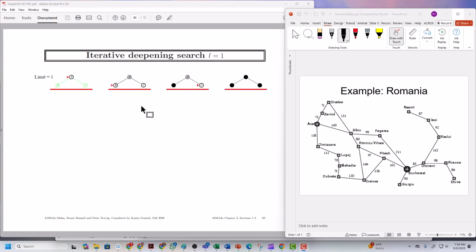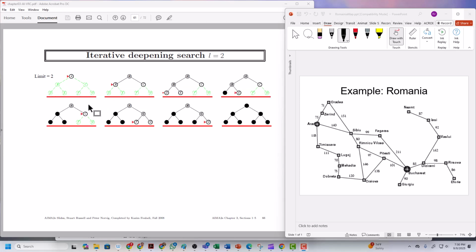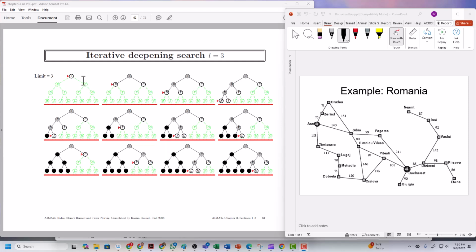Then the next level, you are increasing the limit to 1, so you are checking the limit 0 and limit 1 nodes. Then if it's limit 2, then you are checking the limit 0 nodes, limit 1 nodes, and limit 2 nodes. And in that way you can do up to limit 3, where you do 0, 1, 2, 3 in that way.